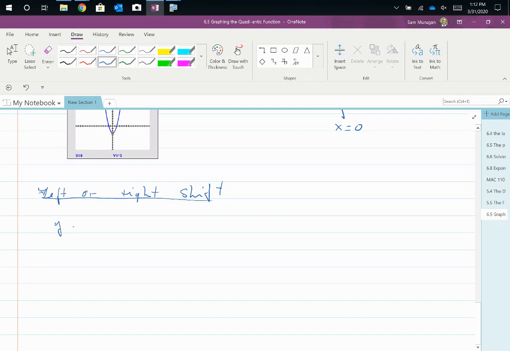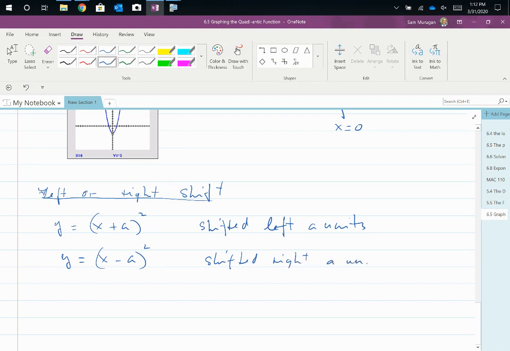If we have y is equal to (x plus a) squared, where the a is directly attached to the x, then it is shifted left a units, and y is equal to (x minus a) squared is shifted right a units. So again, plus sign left, minus sign right.